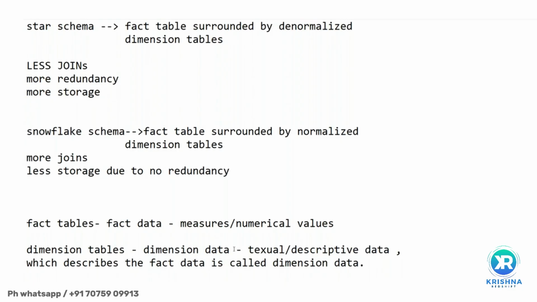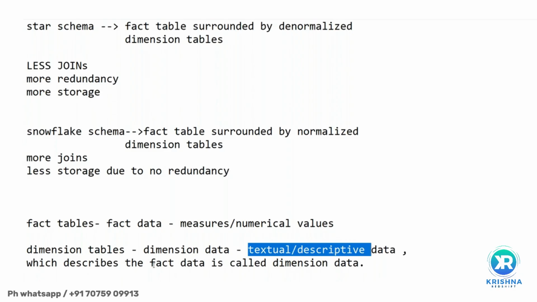Dimension tables or dimension data means textual or descriptive data, which will describe the fact data.